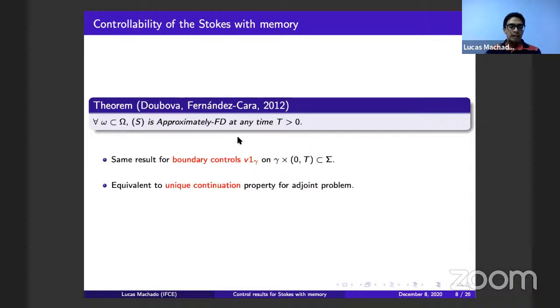For this, a unique continuation property has been proven, which is equivalent to approximate controllability. And this theorem is for distributed controls, but the same result for boundary controls is valid.